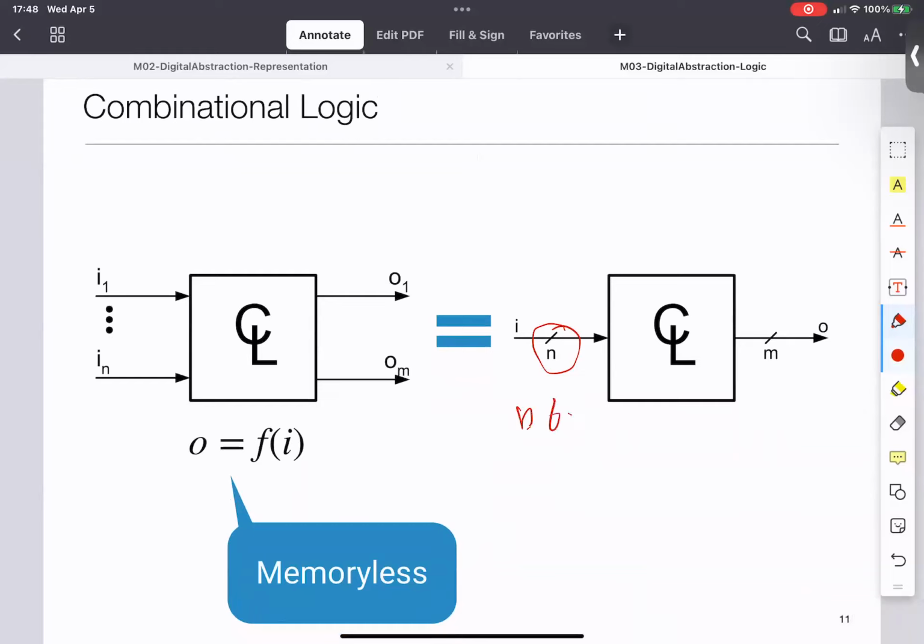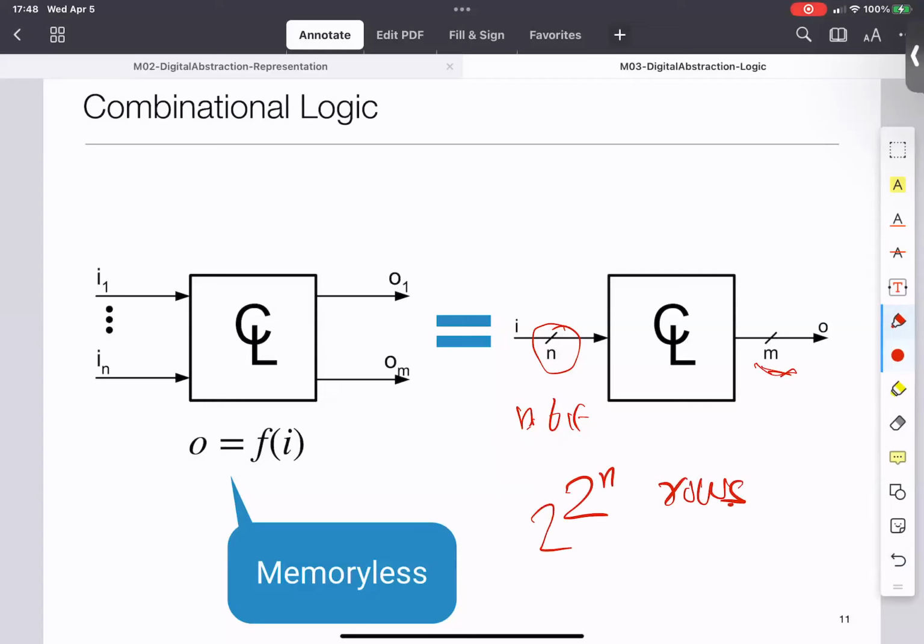The truth table for this will have 2 to the power n rows, because I have a total of n bits of input, and then I will have m output columns because I have m output bits. For the output, each of the m columns can be filled in 2 to the power n different ways.